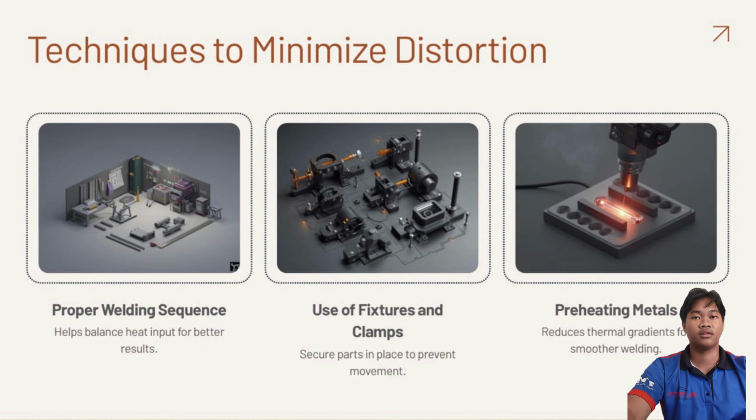Lastly, the techniques to minimize distortion are: do a proper welding sequence to help balance heat input for better results. Next, use fixtures and clamps to secure parts in place to prevent movement. Lastly, preheat metals to reduce thermal gradients for smoother welding.